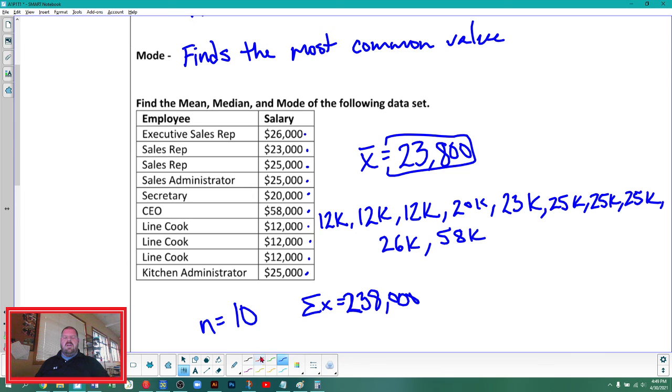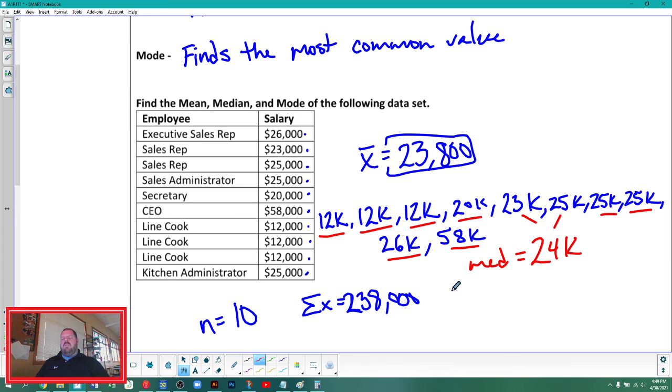I had to deal with two rows here, but that's okay. Let's count our way in from the outside. There's 1, 2, 3, 4, and it would be right in the middle of these two, which is going to be 24,000. If you add those up and divide by 2, you get 24,000. So that's the median.